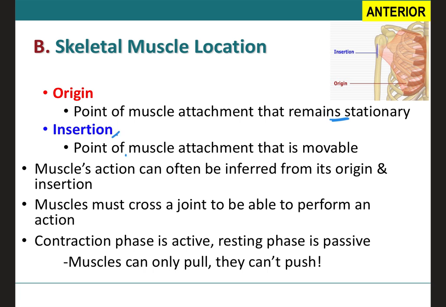So it will be the point where the muscle will attach and it will move, and it always moves towards the origin. So in this case, over here on this image, we have the pectoralis major, and you can see that the pectoralis major is going to insert on the humerus, and it's going to originate over here on the sternum.